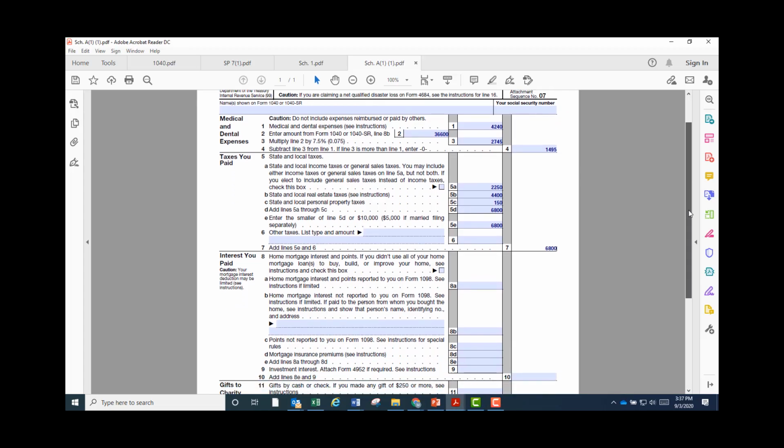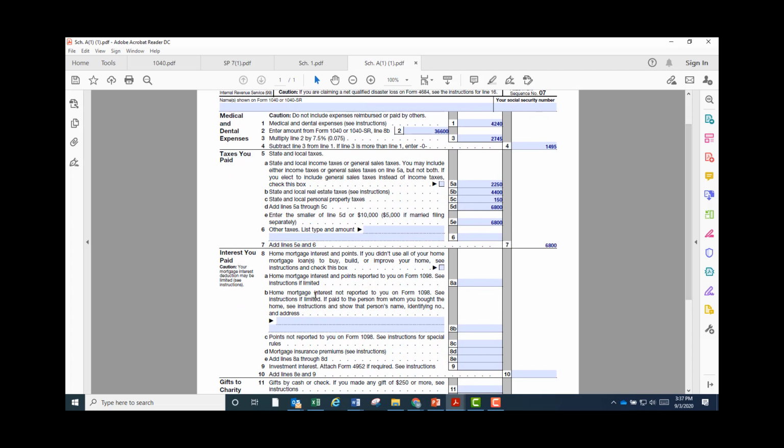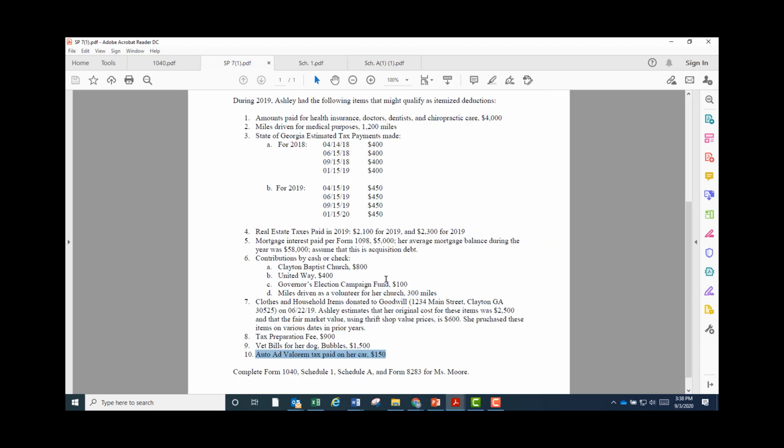The third category of itemized deduction is interest paid. On here we do have one. That's the home mortgage interest, line 8A. Let's go to the sample problem. Where is that on here? Mortgage interest paid on Form 1098. That's the form you receive at the end of the year from the institution that you paid the interest to.